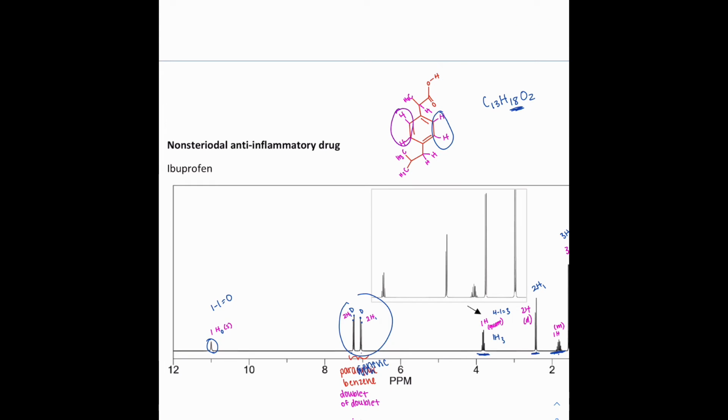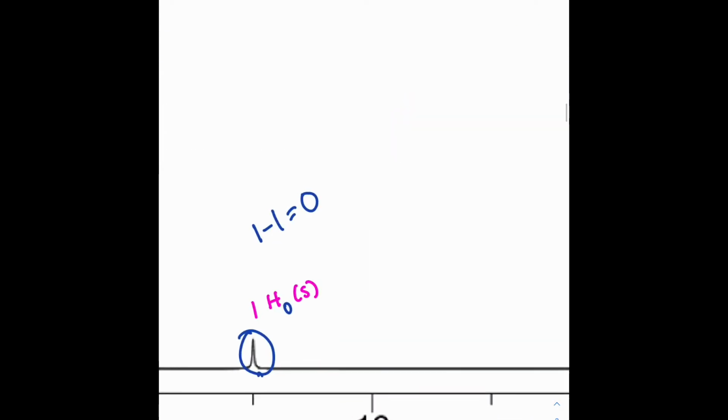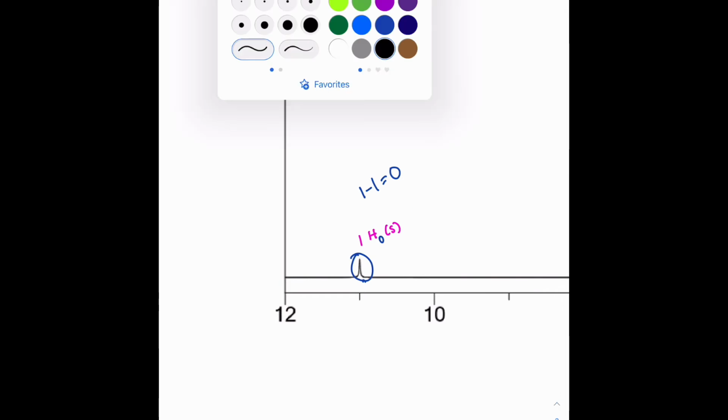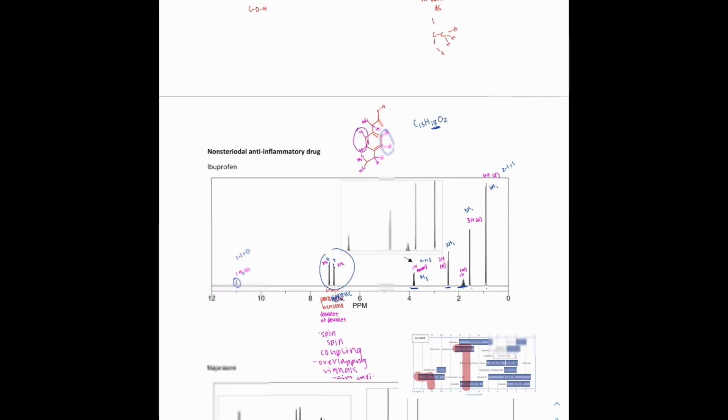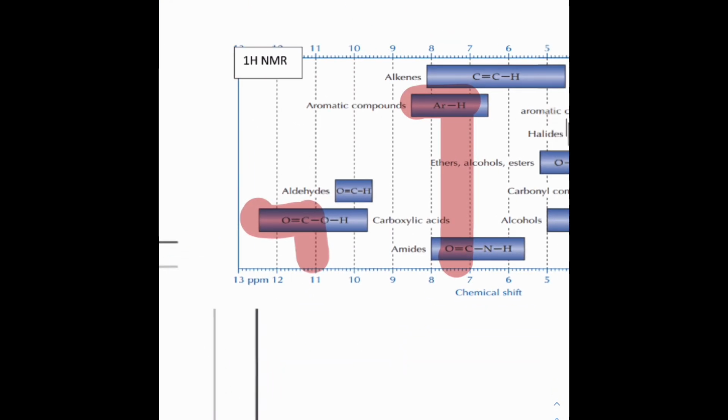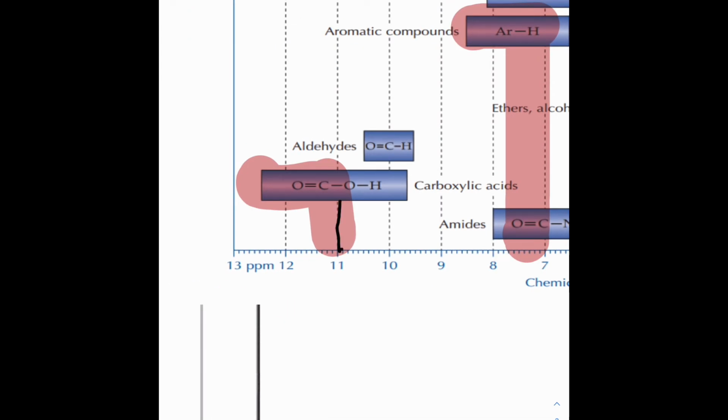Another signal that's going to be very characteristic is this signal at the very end, between 10 and 12, at 11 ppm. We see that singlet, so there's going to be one hydrogen in that case, and there aren't going to be any neighbors. If we go to our chemical shift information, we see that right at 11, it's characteristic of a carboxylic acid.